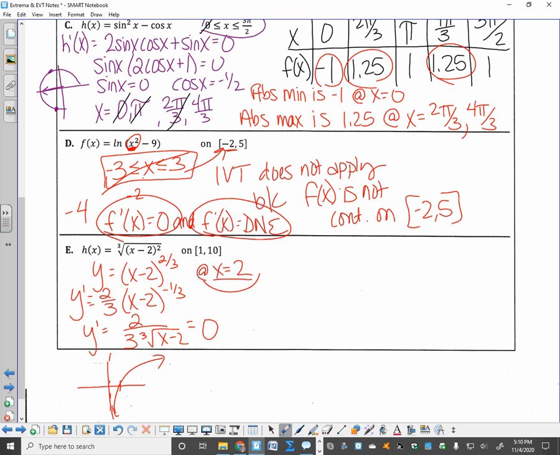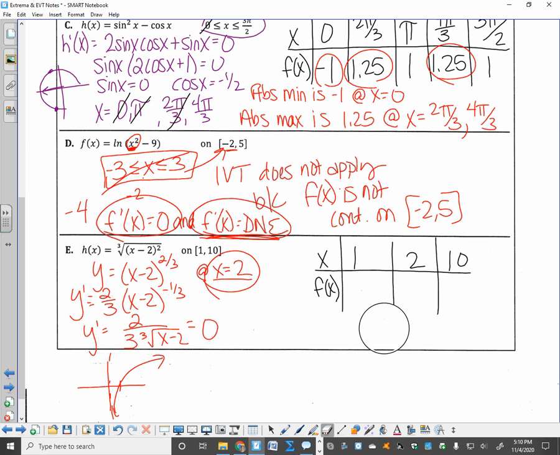So I take my lone x equal 2 from where the derivative does not exist, and I plug it into my candidates test. I'm from 1 to 10, and I have an issue at 2. Like a good issue, like something interesting happens, not like a bad issue. So then I'm going to plug a 1 in here. I'm going to get a 1. Plug a 2 in. I'm going to get a 0.